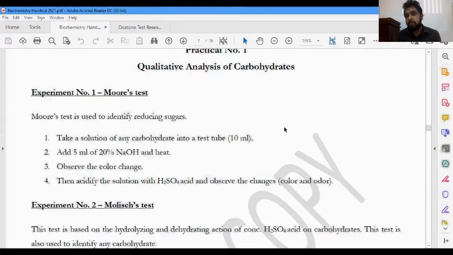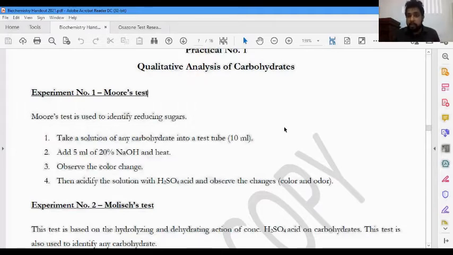For example, for glucose it's about 105 degrees Celsius, and for sucrose it's about 180 degrees Celsius. Caramelization is a non-enzymatic browning reaction, and it is a poorly understood process yet.